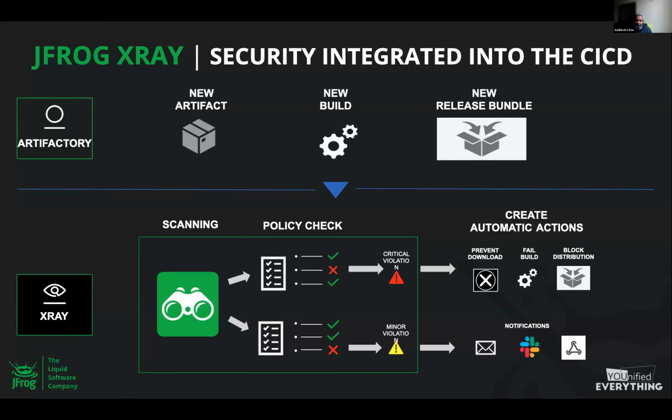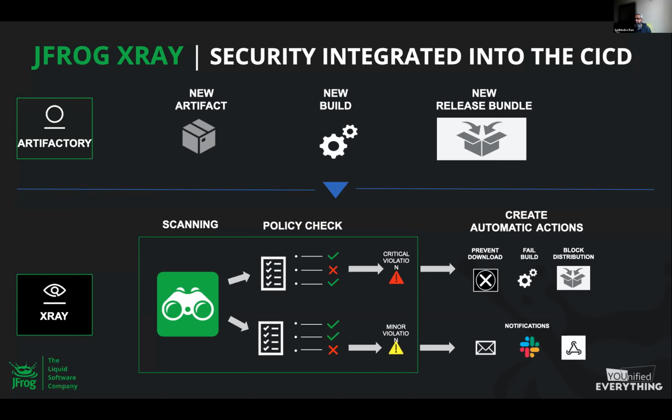I want to quickly level set on JFrog Xray, which is integrated into CI or CD. Xray scans a piece of software and evaluates a policy check. If there are any critical violations, you can take some automatic action. I'm trying to level set these definitions because we're going to see this in the demonstration: one could prevent a download if there is an issue, fail a build, or block distribution in terms of the release bundle.